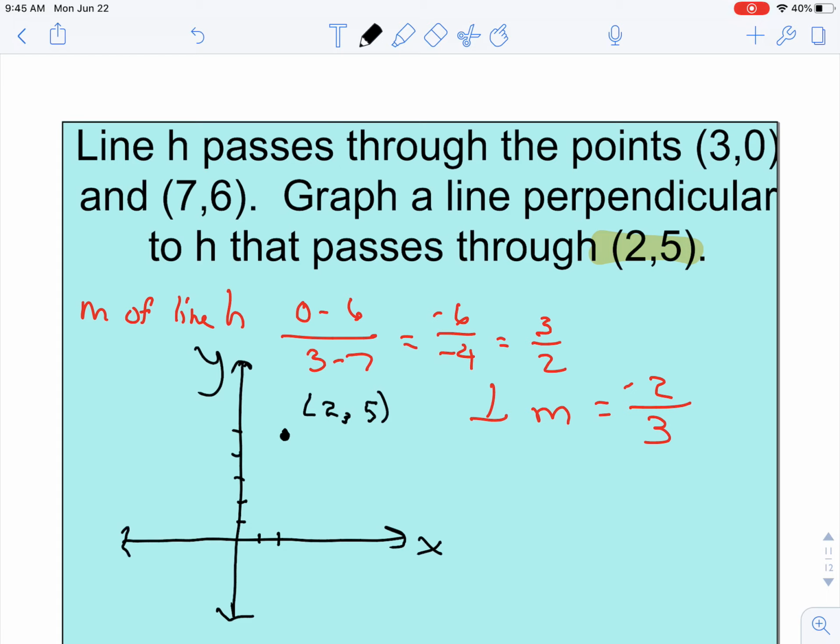It's going to be -2 over 3. So that means I'm going to go down 2, 1, 2, and to the right 3, 1, 2, 3. Down 2, right 3, and there is my line. Okay, so we just did a bunch of review on slopes, graphing, parallel, and perpendicular. That's the end of lesson 3.4.